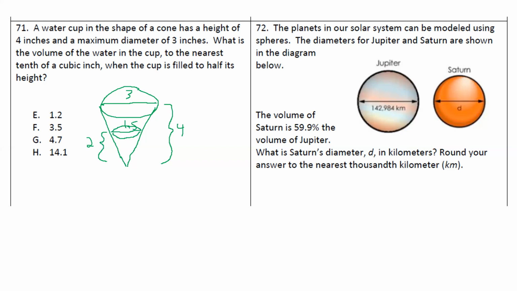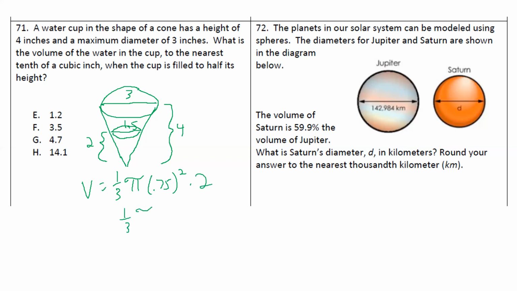So 1.5. So for our formula, we're going to do volume equals 1/3 pi r squared h. What's our radius if our diameter is 1.5? 0.75, right? That's half. And then times our height of 2.